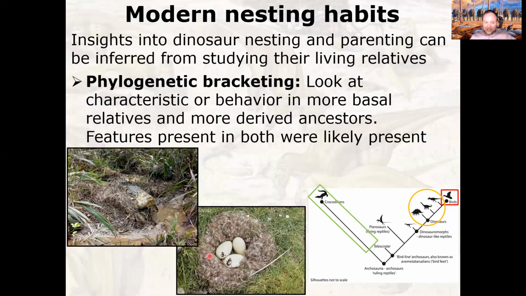The bird has a warm-blooded, high metabolism. They use their body heat to insulate. They use their wings to insulate. They use their feathers to insulate. They insulate the eggs as opposed to using vegetation. So these are behaviors that we see in the bracketing older and more derived forms. And so this is probably what dinosaurs did, or very similar to this.